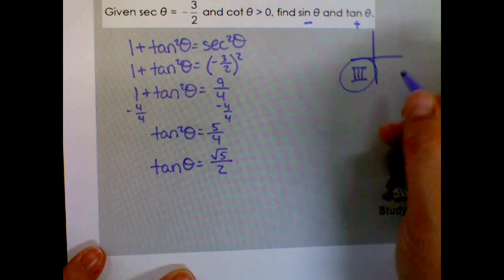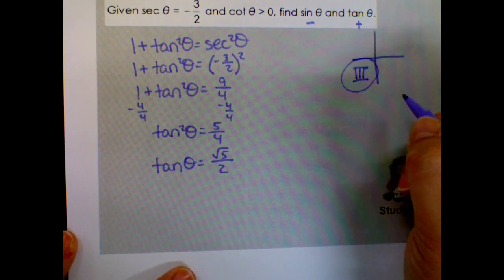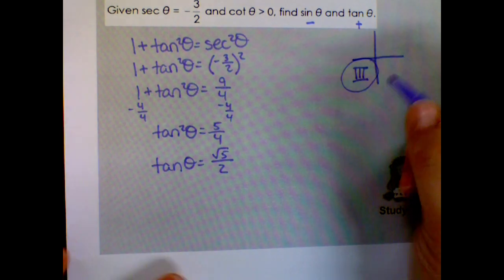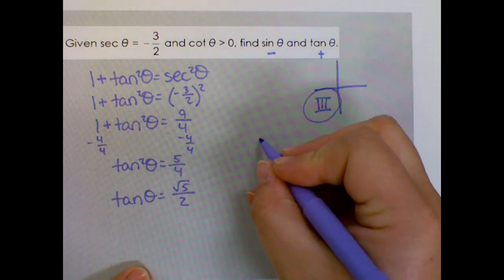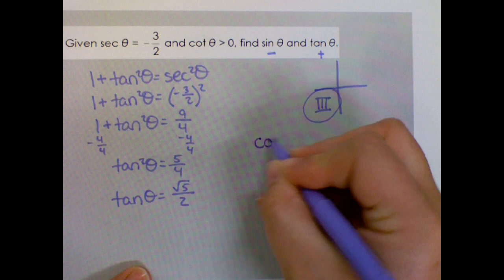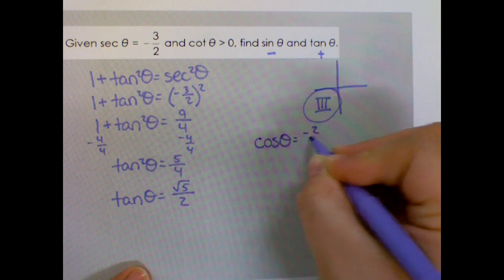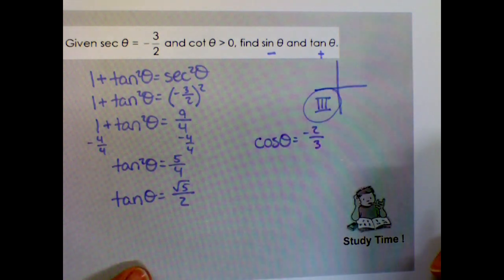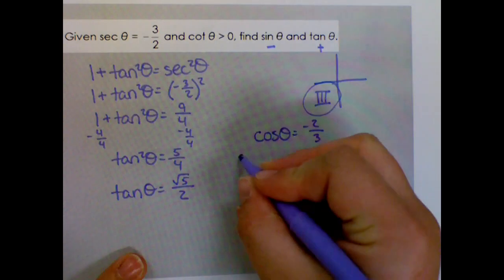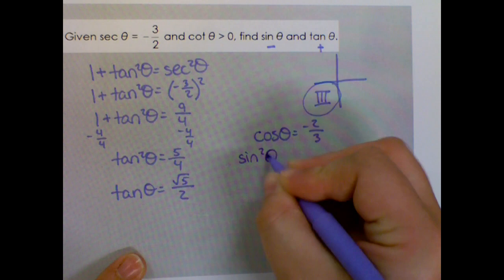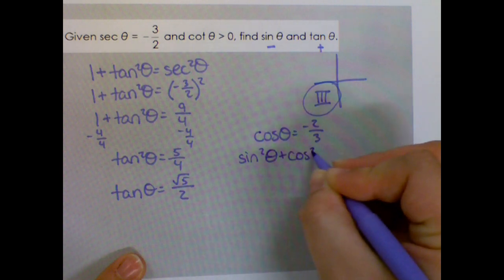To get the sine, I would actually probably get the cosine. If the secant is negative 3 over 2, the cosine is negative 2 over 3. Then we can do sine squared plus cosine squared equals 1.